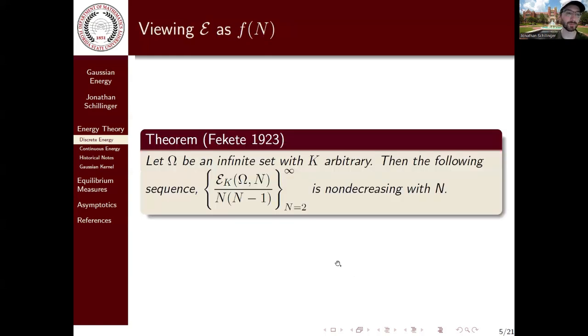There's a traditional result by Fouquet in the 1920s, which is that this sequence of the minimal energy, so not only the energy of your arrangements, but the best possible arrangements, is a non-decreasing sequence. As you add more points, the smallest possible energy can only ever go up. And what's interesting is that it doesn't depend on your interaction kernel.